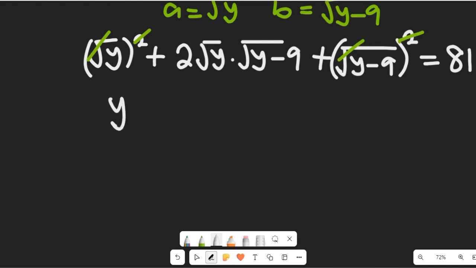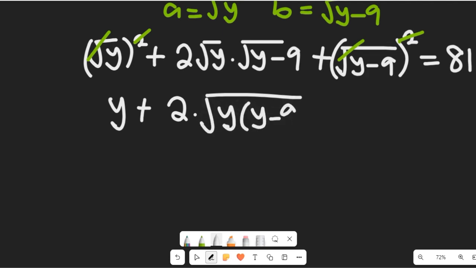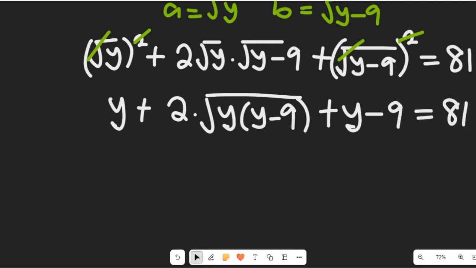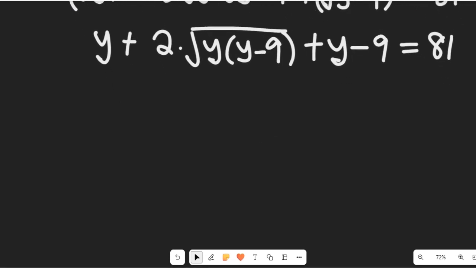We'll be left with y plus 2 multiplied by the square root of y multiplied by y minus 9, and all these will be plus y minus 9, and this will be equal to 81. Good. Now, considering this part, what we're going to do is to simplify.